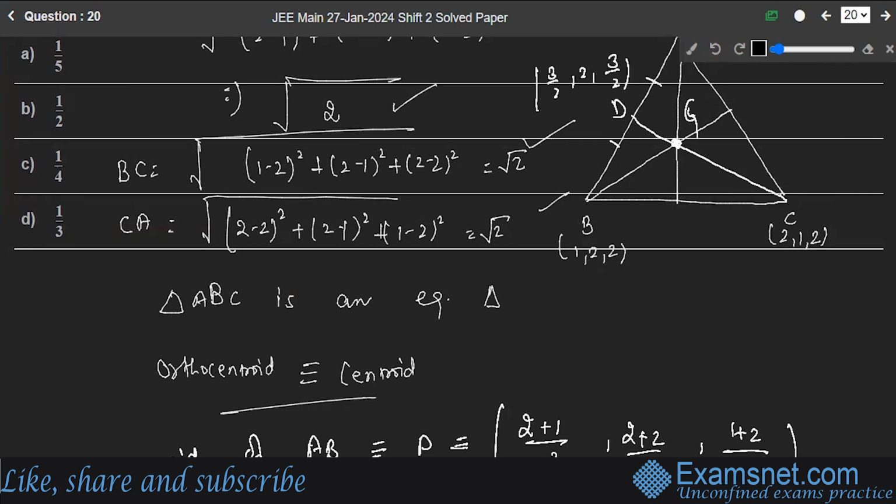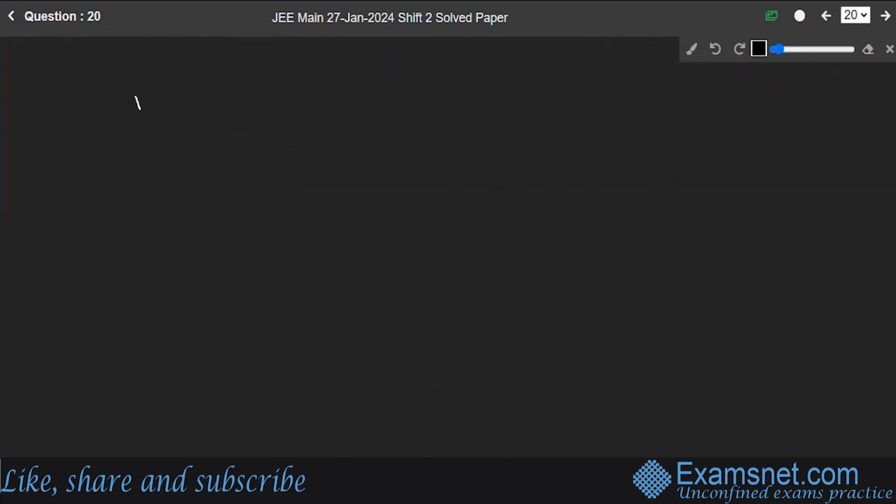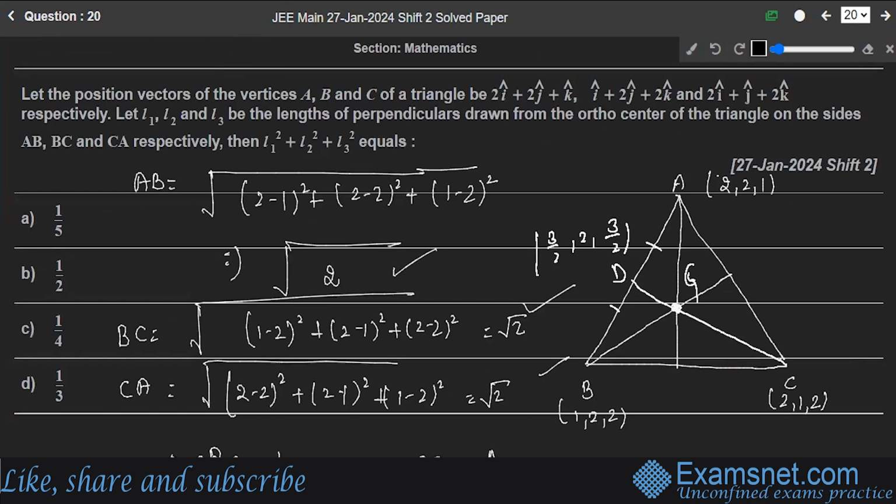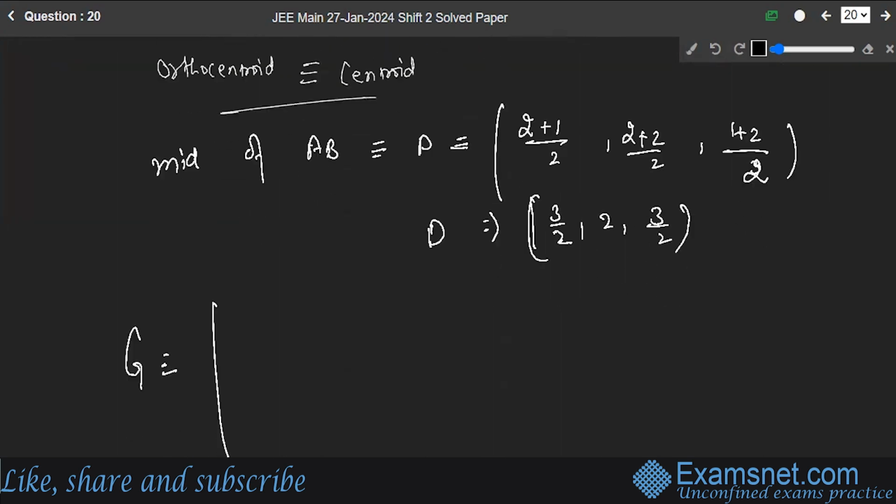Let's find out the G's coordinates now. This is G. This is the centroid. So the centroid will have x coordinate of A plus B plus C divided by 3. For the Y, it will be Y coordinate of A plus B plus C by 3. And for the Z, it will be this and this and this by 3. Let's write it down.